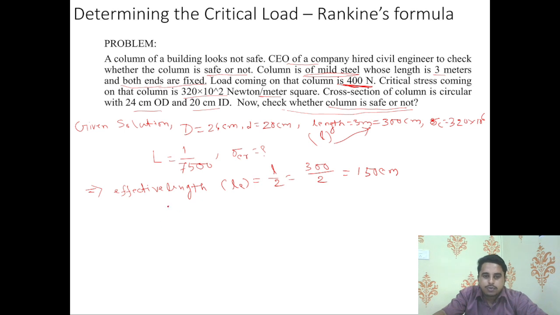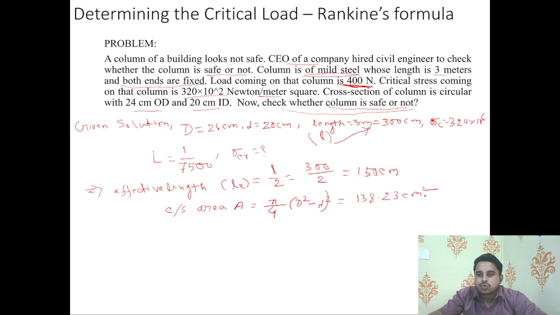Then we have to find the cross sectional area of the circular column. A is pi by 4 into D square minus d square, outer diameter square minus inner diameter square. If we put the values, we will have 138.23 centimeter square.